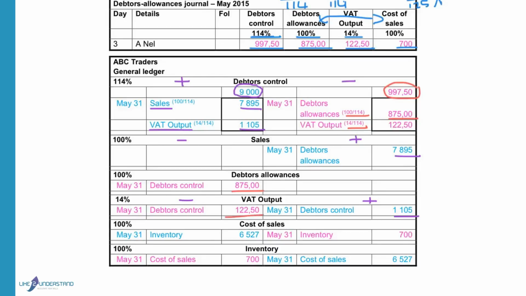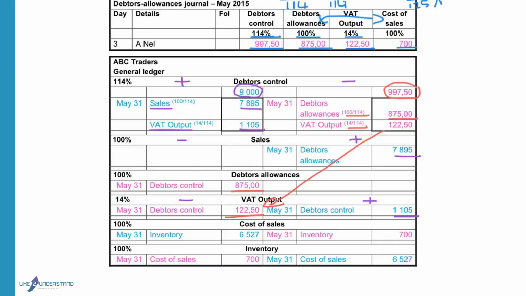That is an indication that the VAT that we owe to SARS is reduced when the amount is recorded on the debit side on debtors allowances, because now we don't collect the money on behalf of SARS, so we don't have to pay that 122 Rand 50 to SARS.